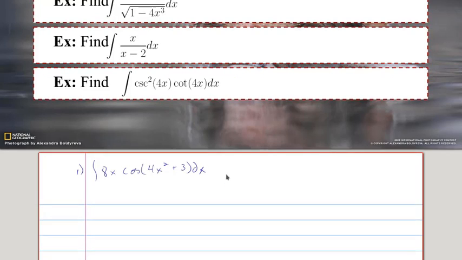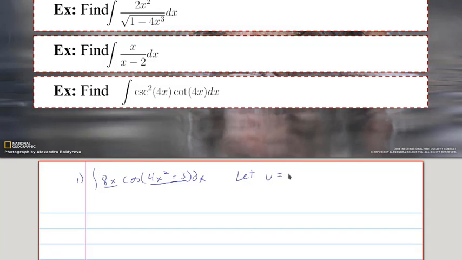If I'm integrating 8x cosine of 4x squared plus 3 dx, well, let's let u be this inside piece. We could just as well let it be 8x, but I suspect that I won't get very far that way.